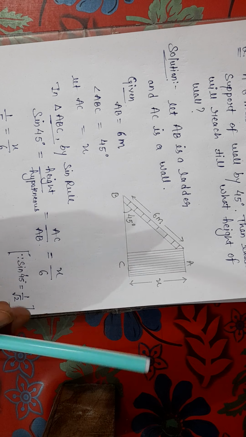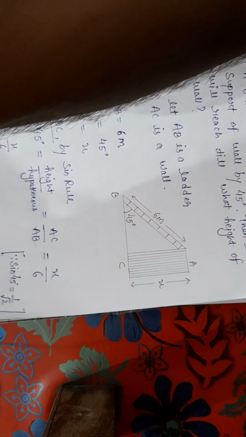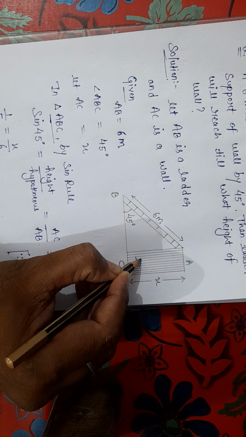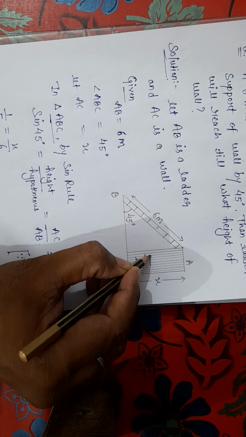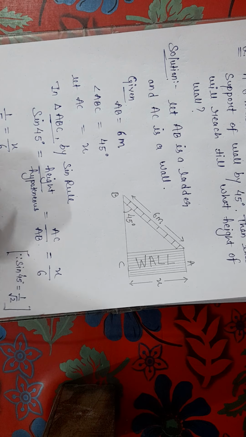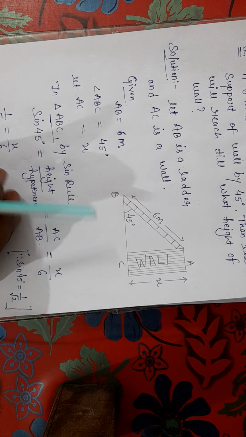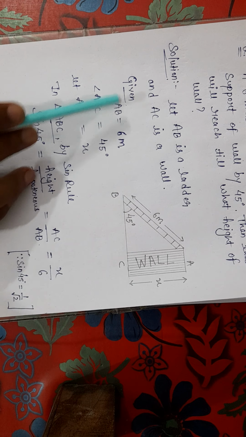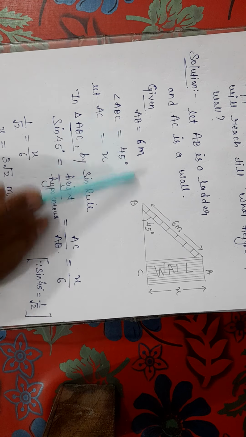This is the wall. Let AB be the ladder and AC be the wall. Given AB equals 6 meter, the ladder length is 6 meter. Angle ABC, the angle of elevation, is 45 degrees, and we consider AC equal to X.